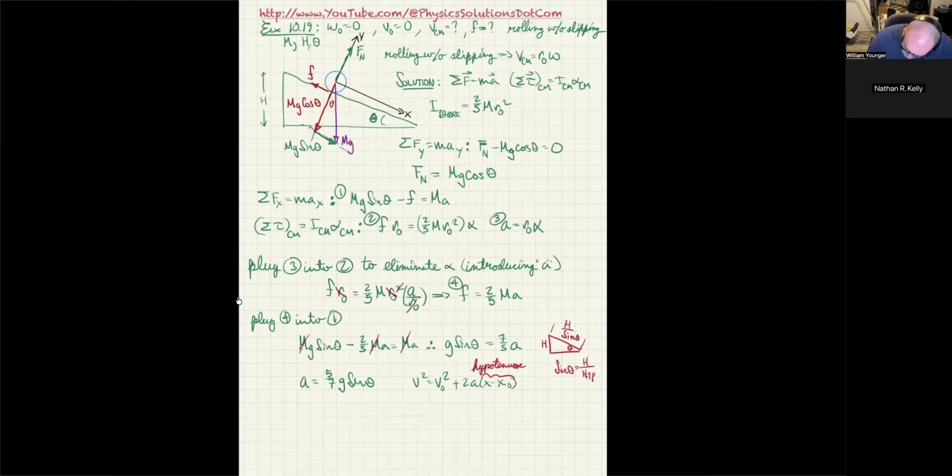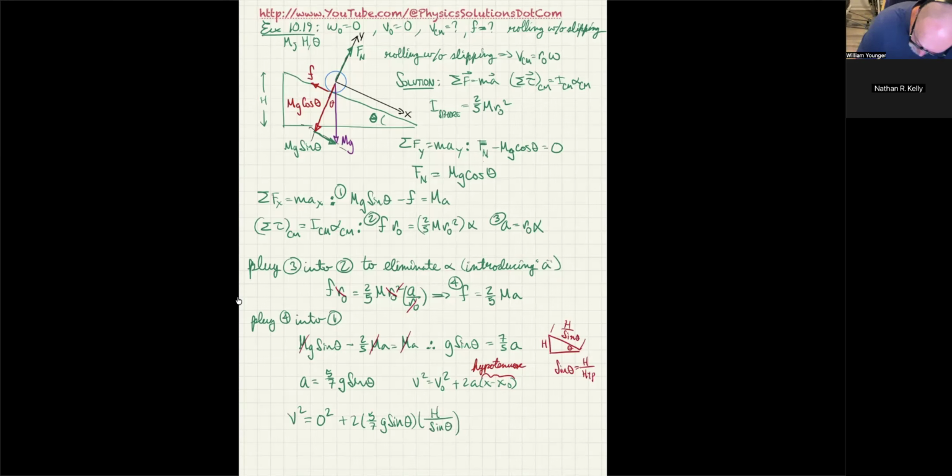So I can now use all that, and I'm going to do it as follows. V squared is equal to 0 squared plus 2 times A. A is 5/7 g sine theta. And then the hypotenuse is, of course, h over sine theta.